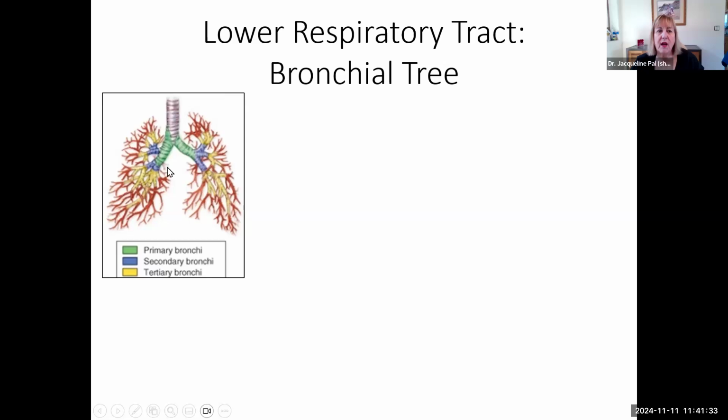Then each primary bronchus is going to divide into what are called our secondary bronchi. And then the secondary bronchi are going to divide into our tertiary bronchi. Now, you don't need to know how many secondary or tertiary bronchi there are. Just know that after the trachea, we have our primary bronchi, then our secondary bronchi, then our tertiary bronchi. And there are only two primary bronchi because there's one for each lung.